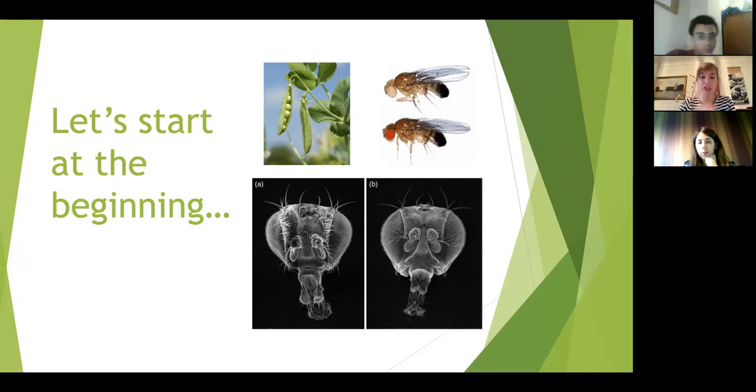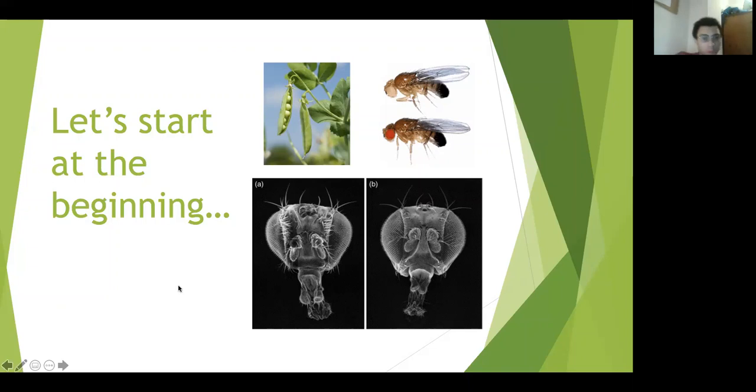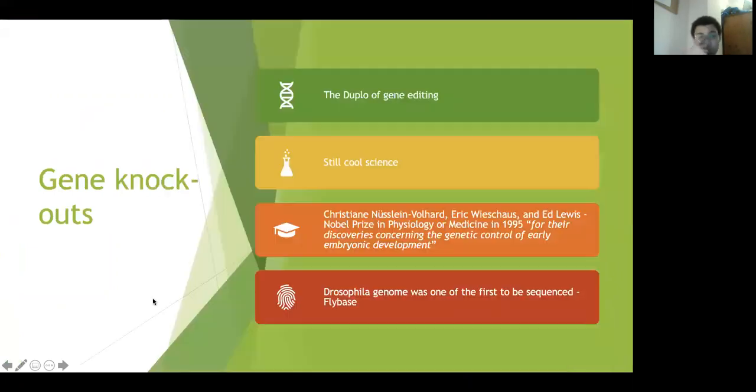So there were gene knockouts, but this was still really before people knew what the heritable information was, before we knew what DNA was. This is all way before the 1953 structure of DNA being discovered. So these basic gene knockouts are pretty much the Duplo of gene editing. It is still really cool science. You look back and see what they were doing, especially before knowing what DNA was, and that's still really interesting.